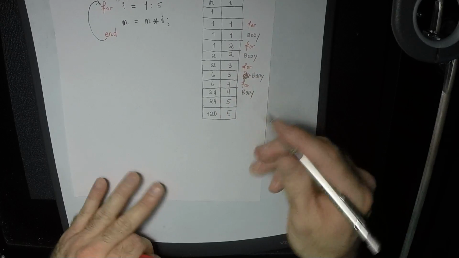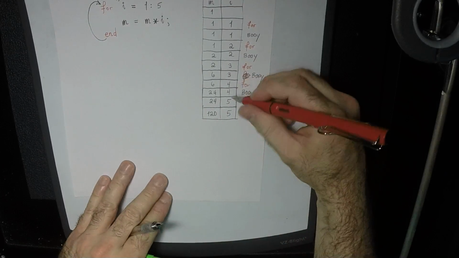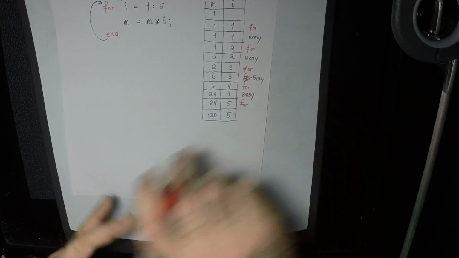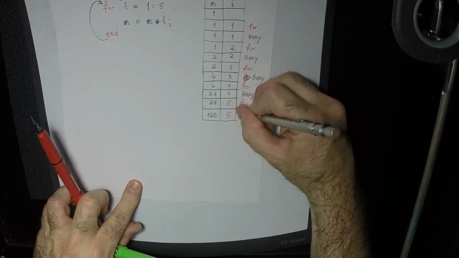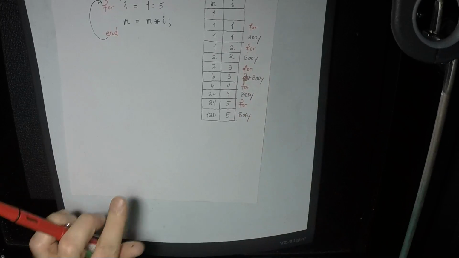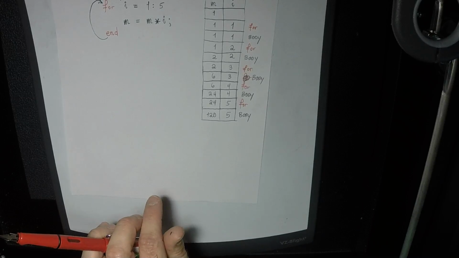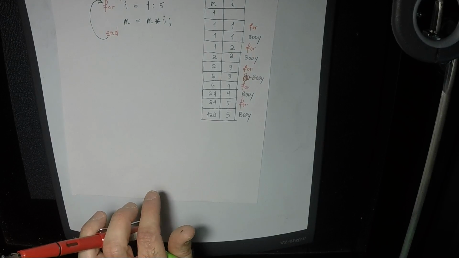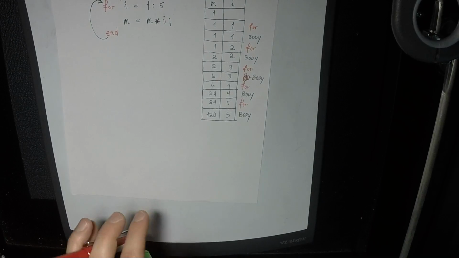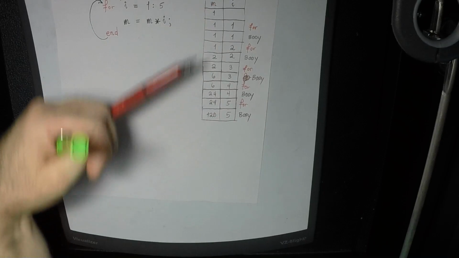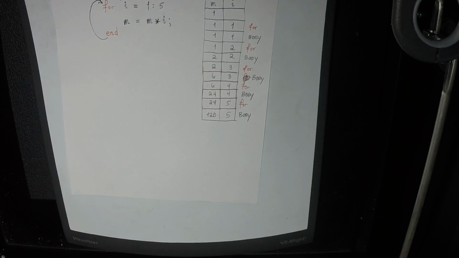I is 5. So now we executed the body statement. Then MATLAB asks itself, was there a next value of I? And the answer is no. There wasn't a next value. So that's the complete set of all of the events that occurred for that for loop.